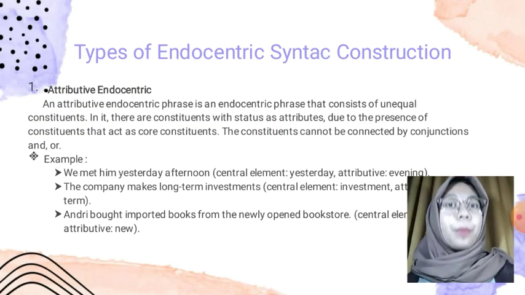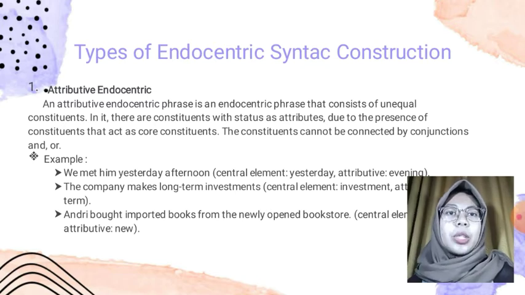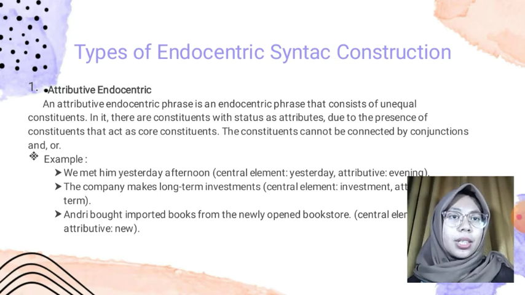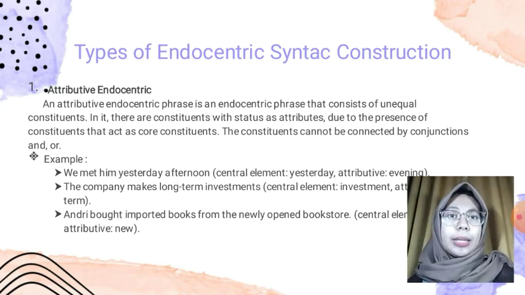Okay, the first material is about types of endocentric syntax construction. The first one is attributive endocentric. What is attributive endocentric? An attributive endocentric pair is an endocentric pair that consists of unequal constituents.